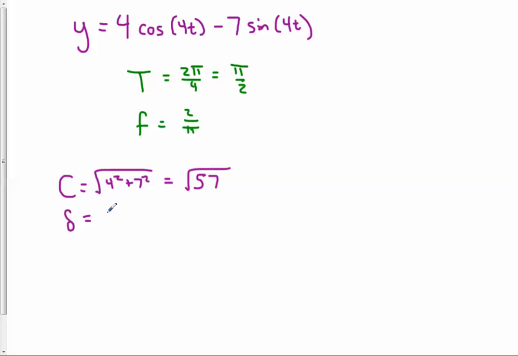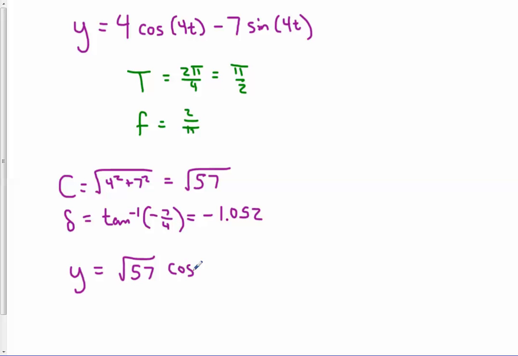And the delta would be the inverse tangent of b over a, so negative 7/4, which is negative 1.052, rounded. So the alternate form would be square root of 57 cosine of 4t, and then minus delta, so actually plus 1.052. So now we know the amplitude is the square root of 57.